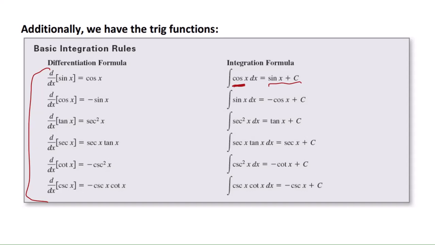Look at the next one though. I've got sine x dx on the inside of my integral. Sine x is not the derivative of cosine x. Negative sine x is. So really, either on paper or in your head, what you're going to have to do is say, okay, I'm going to pull out a negative here, but that means I can put a negative in here.